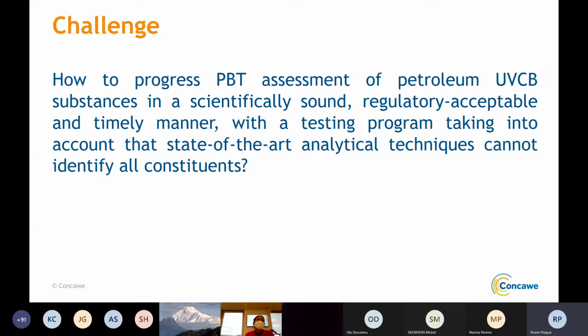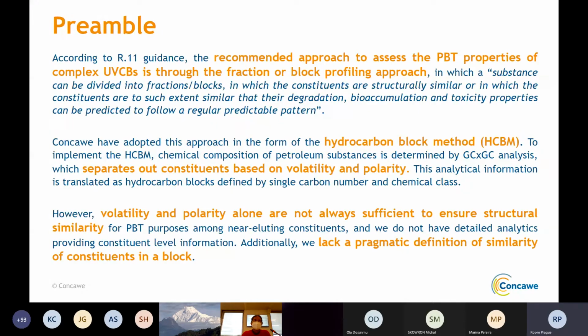It was how to progress PBT assessment of petroleum UVCBs in a scientifically sound, regulatory acceptable, and timely manner, taking into account the fact that we cannot identify all constituents analytically. So just to give a little bit of background, according to R11 guidance, one of the recommended approaches is to assess PBT properties of complex UVCBs through a fraction or block profiling approach.